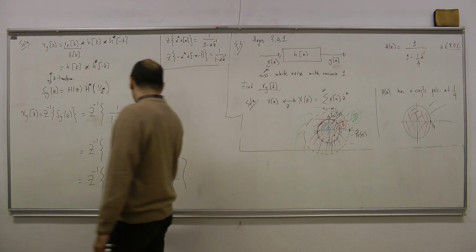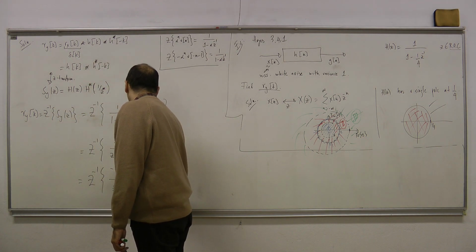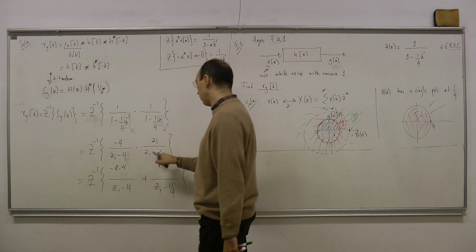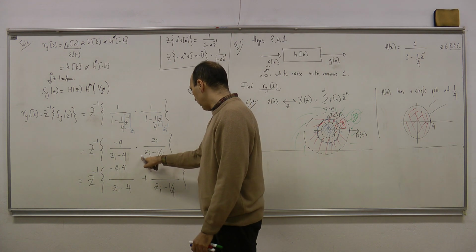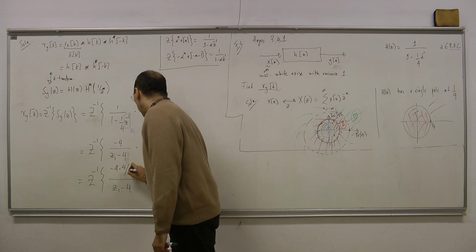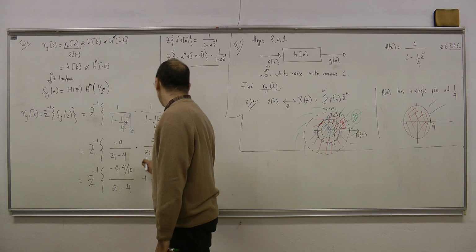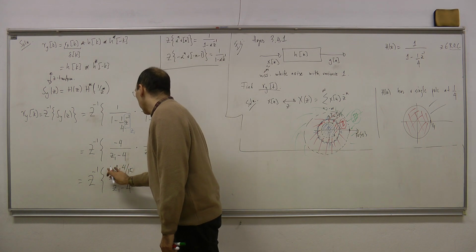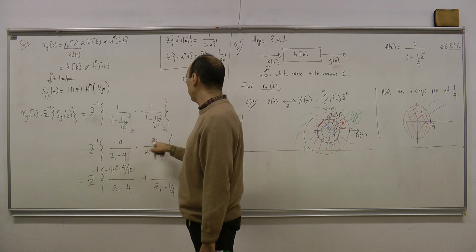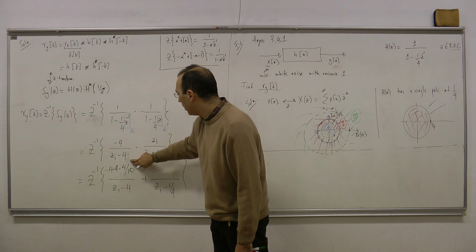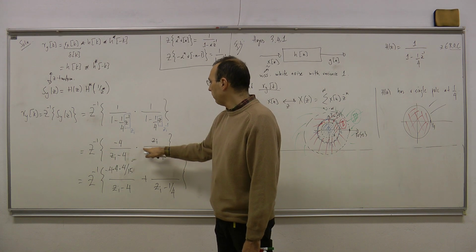So how do you do this partial fraction expansion? You cover this term, then you do this calculation. So this is minus 4 times 4 divided by 4 minus 1 over 4, which is 15 over 4.